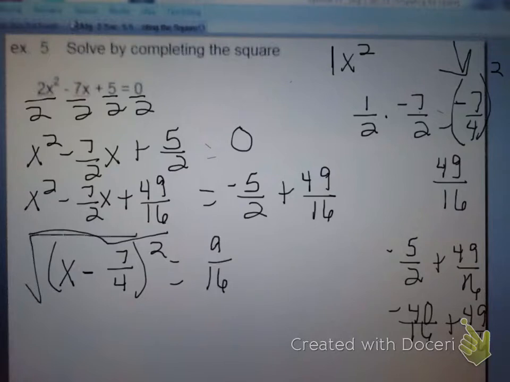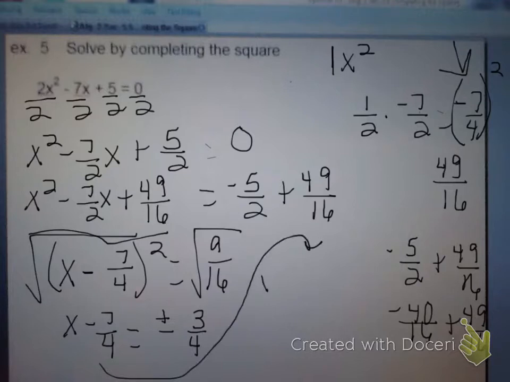Take the square root. So that's x minus 7 over 4 is equal to plus or minus the square root of 9, which is 3, over the square root of 16, which is 4, so it's 3/4. Add 7/4 to both sides. I'm kind of running out of room here.